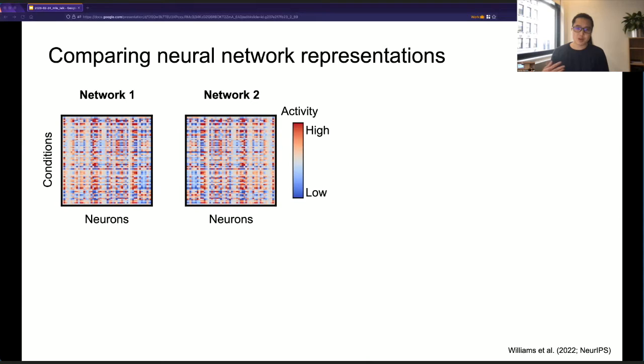You can think of these as responses from two different animals, brain regions, or deep net layers. Each column is a neuron, and each row is the population response to a given stimulus condition. So a fundamental question in representation learning and in neuroscience is, given multiple networks that were doing the same task, how related are their neural representations to each other?